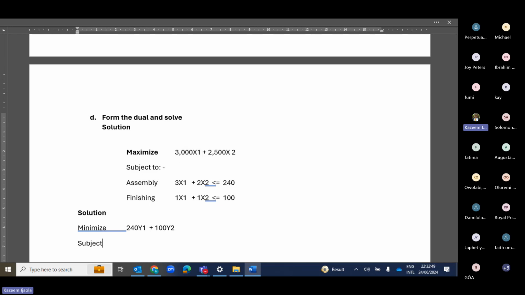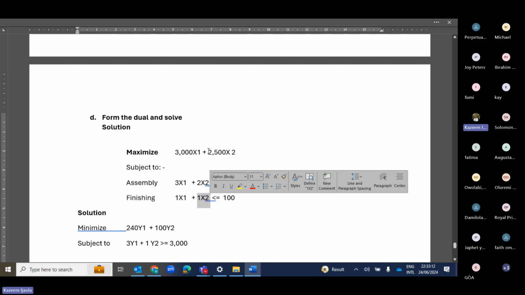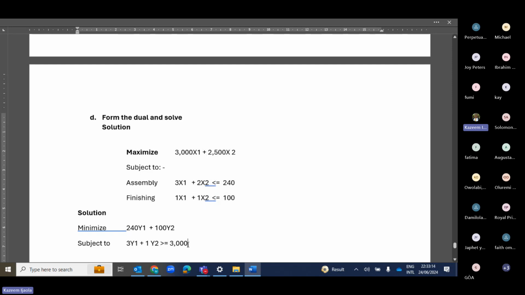So subject to 3y1 plus 1y2 greater or equal to 3,000. The other one was less than or equal, but here it is minimization. Then the second one will be 2y1 plus 1y2 greater or equal to 2,500. You are transposing it.